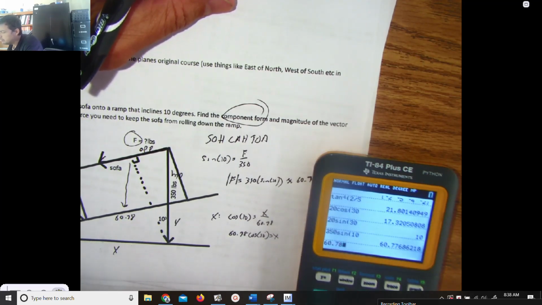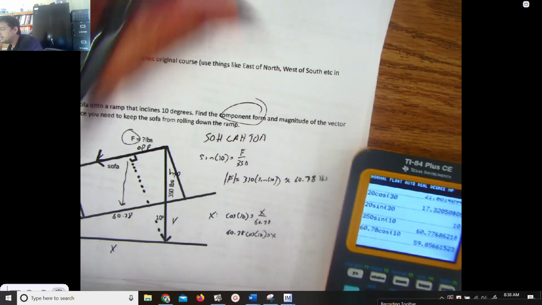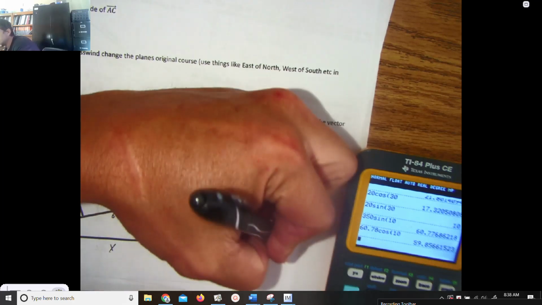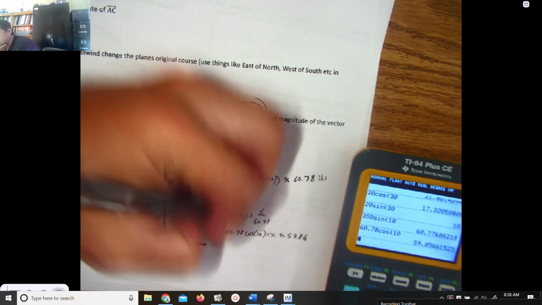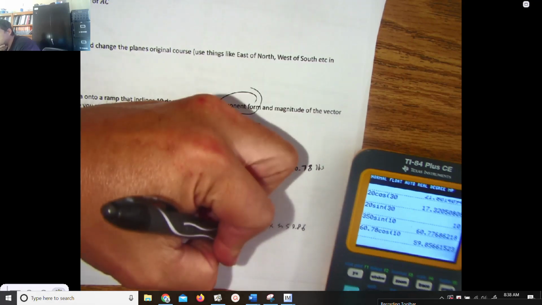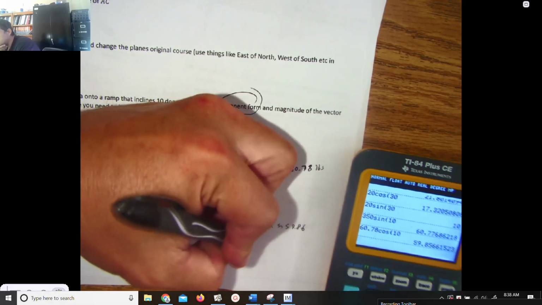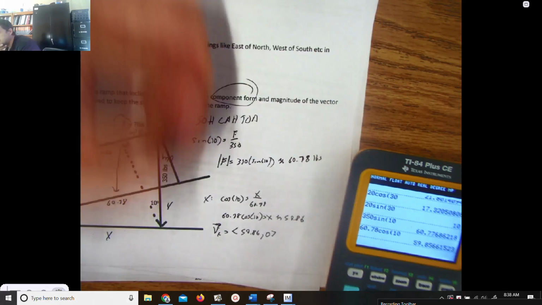There's formulas that you can memorize, and they'll tell you how to find the horizontal component. It's always about cosine. It's about 59.86. So if I'm talking about the horizontal component of v, it is that x value, 59.86, and it has no horizontal components, 0.